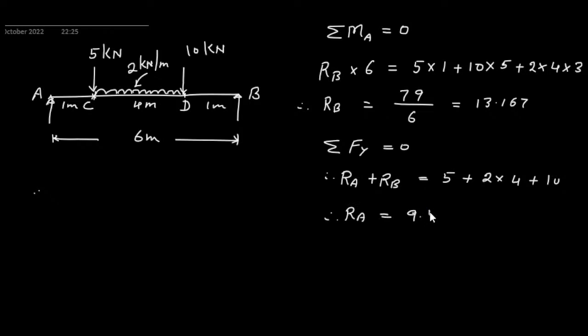Okay, if permitted, we can round it off up to 2 decimal places. So here it will be 13.17, and here I will say 9.83. Okay, so now the next step is that I will draw the shear force diagram.